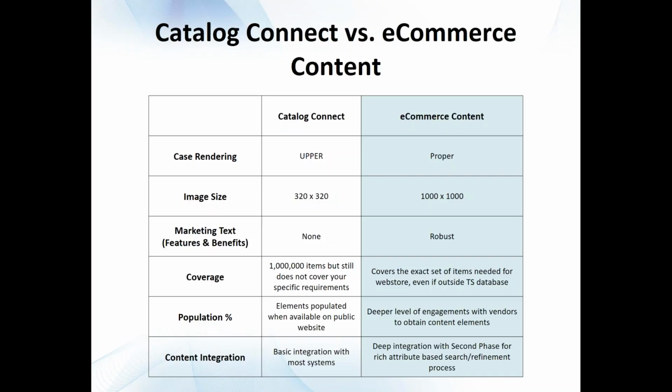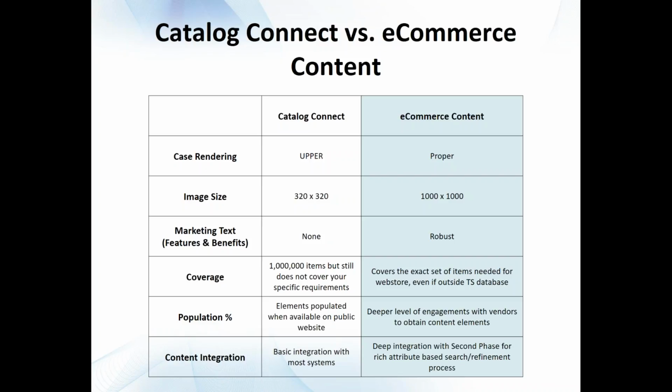But when we are working on an e-commerce content engagement, we are taking that to another level, where if we cannot find the information that we need within the manufacturer's public website, then we can engage those vendors directly, sometimes with the help of our customers, so that they can assist us in pointing us to different materials or providing us directly materials that we need to make sure we get a very high population rate for every content element that's been identified for the service.